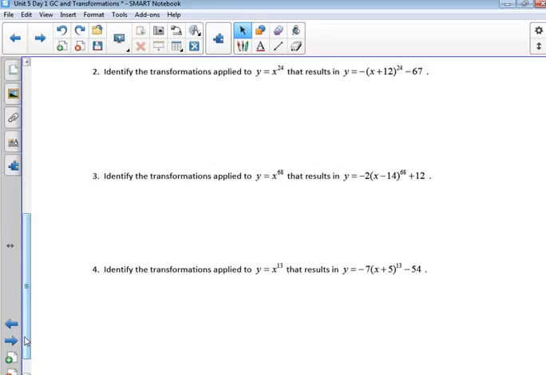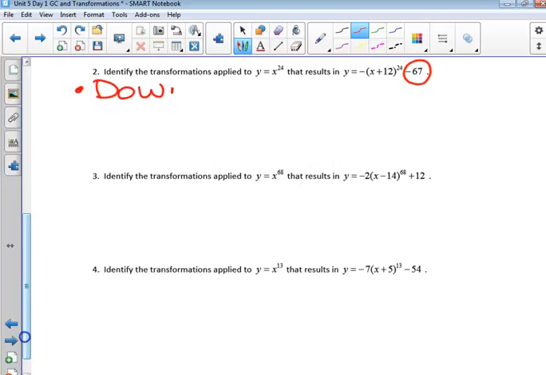How many transformations do you guys see here? How many? 3? Does everybody see 3? Someone give me 1. Down 67. I would start from the back because I think it's easier too. Down 67. Someone else. Left 12. Good job, guys.